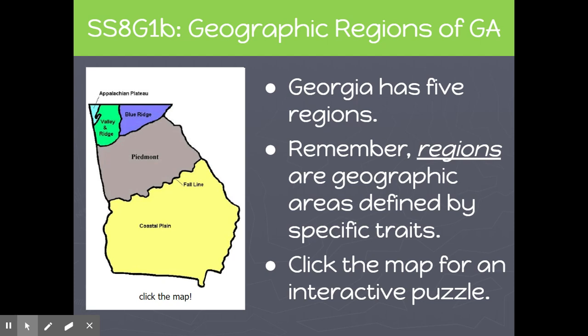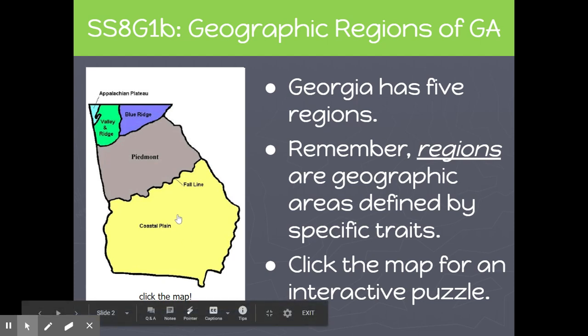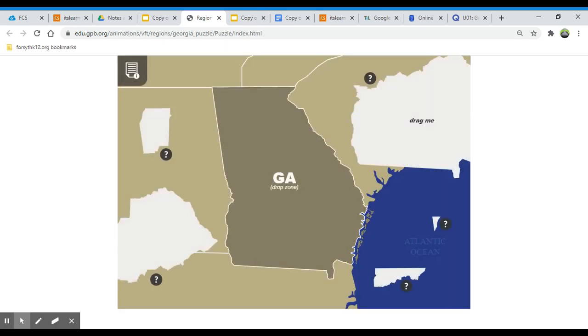Now, here's something that you guys can do, and I believe you can do it directly from this slide. If you click on the map, it's going to take you to an interactive puzzle with Georgia's regions that is on the GPB website.